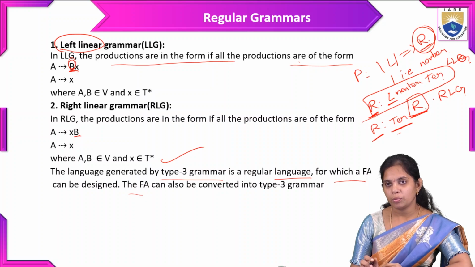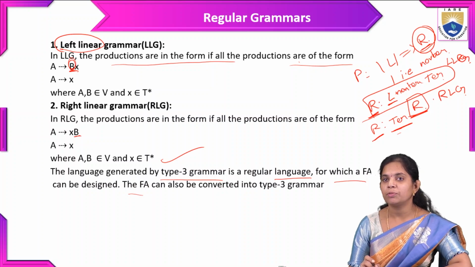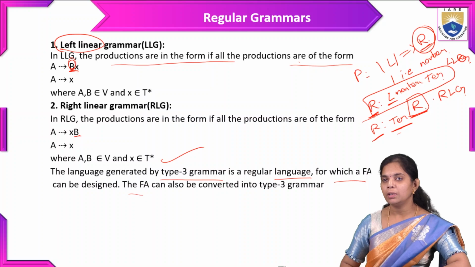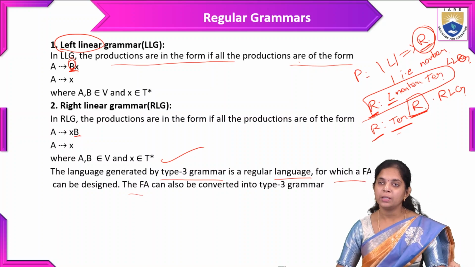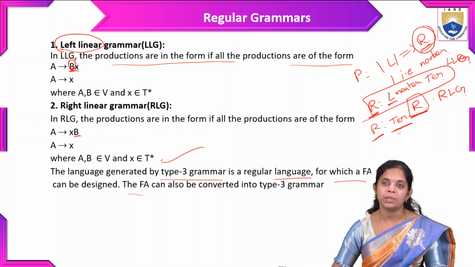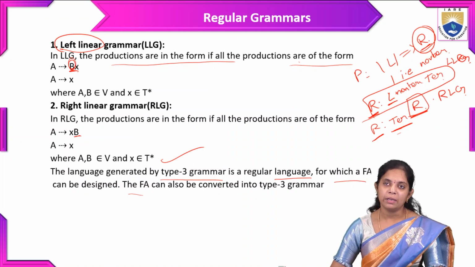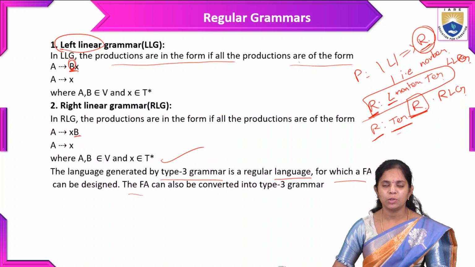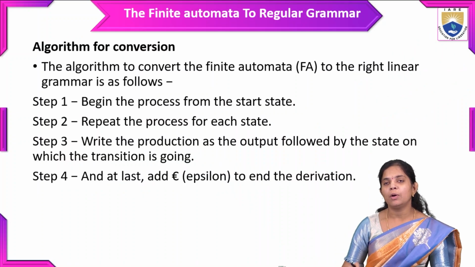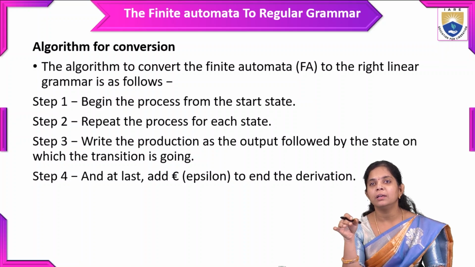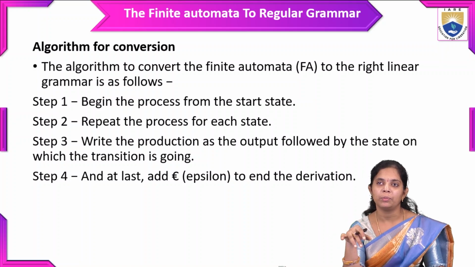There are types of finite automata. We'll take one grammar and convert it to an NFA, DFA, or epsilon NFA. Here is how to convert the given grammar into a finite automata.